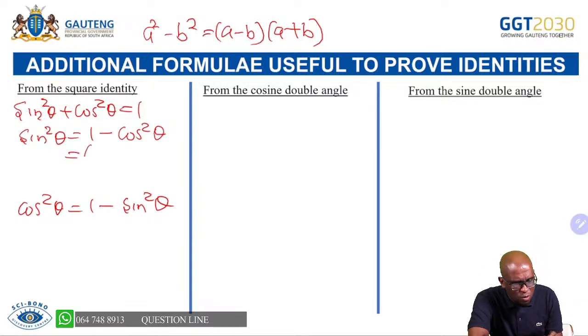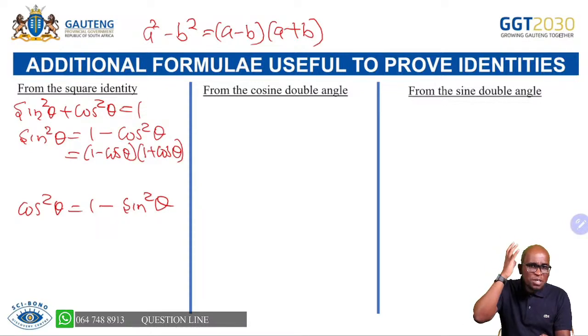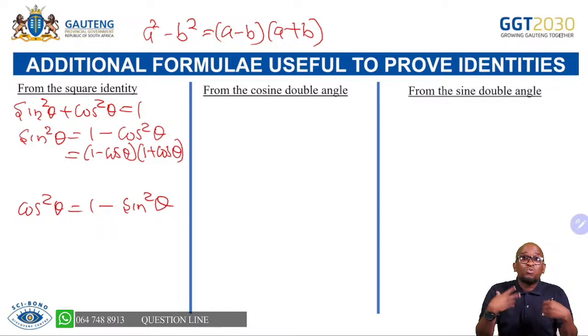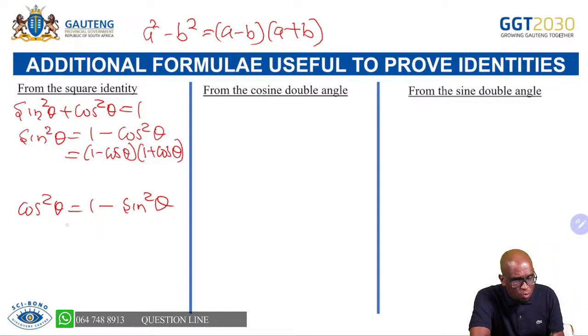So this can also be simplified as 1 minus cos theta into 1 plus cos theta. So this should always be at the back of your mind when you work with identities. We can do the same here, 1 minus sine theta into 1 plus sine theta.